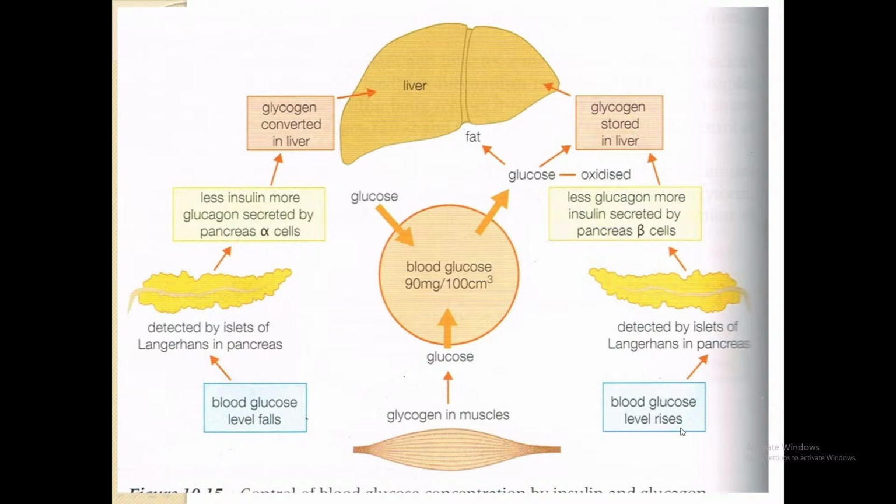Once that takes place, the insulin takes that excess glucose and converts it, or allows the liver to convert it, to something else known as glycogen. The glycogen is then stored inside your liver. The same insulin will also convert some of the excess glucose into what is known as fat.